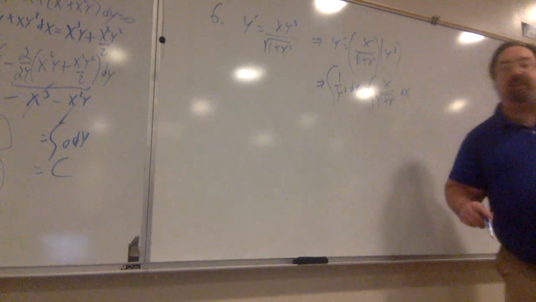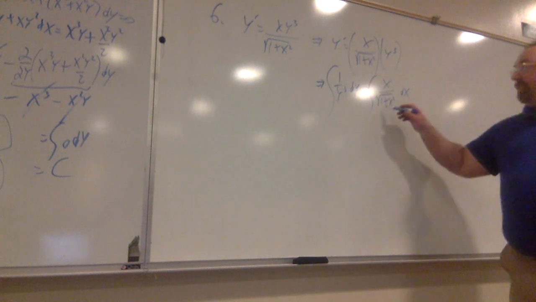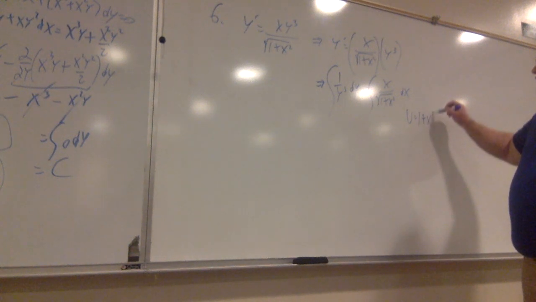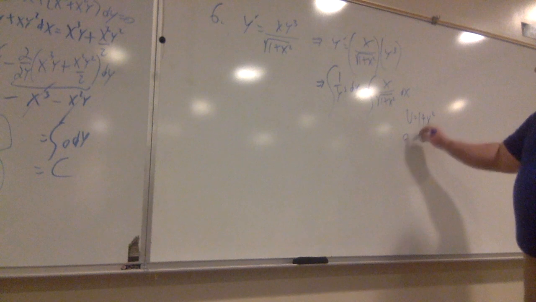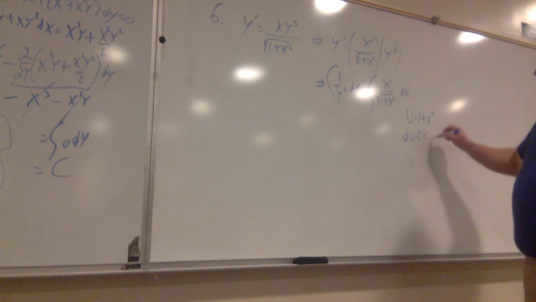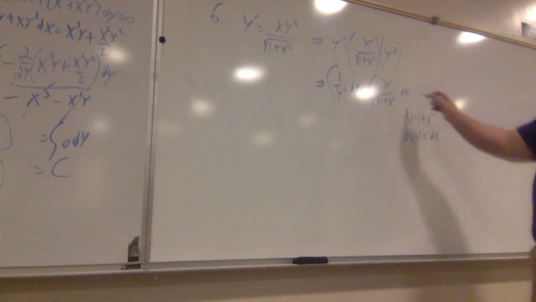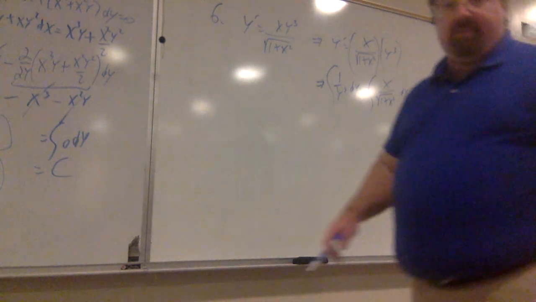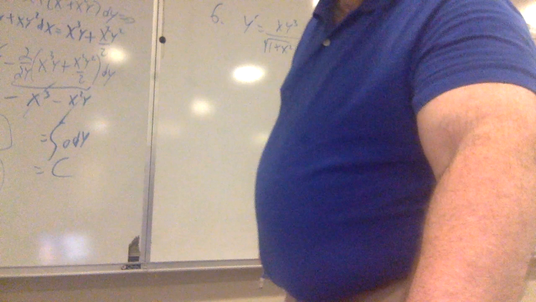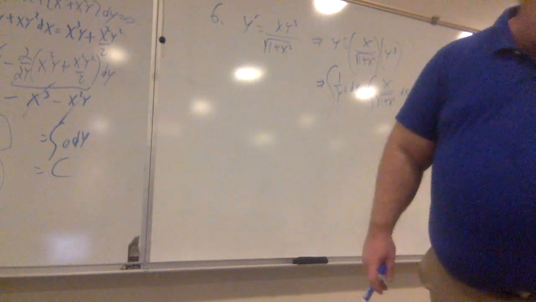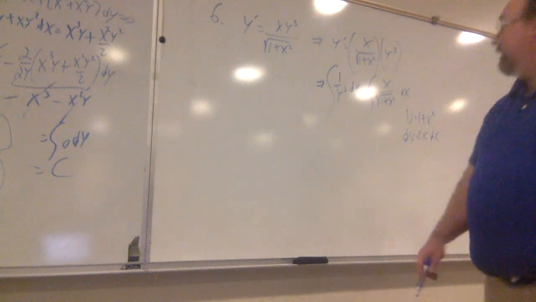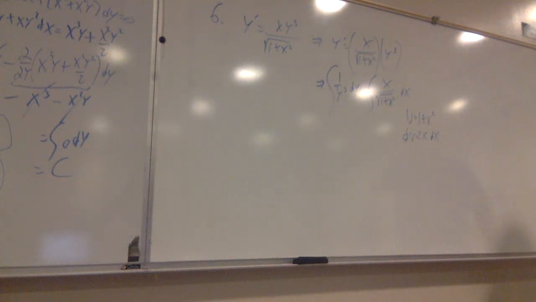So for the left side, power rule. For the right side, this can be done with a u substitution. u is equal to 1 plus x squared. So then du is equal to 2x dx. And sure enough, you have an x dx right there. Okay.